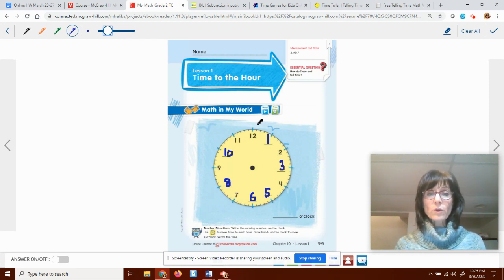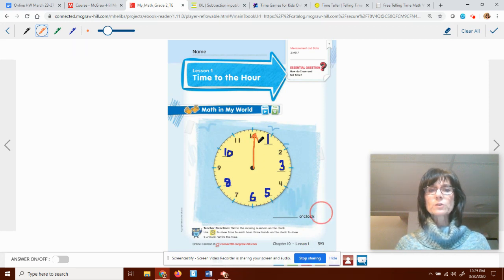And now we are going to draw hands on the clock to show 4 o'clock. I'm going to use 2 different colors. I'm going to use orange because you know how sometimes when we worked with certain number equations, I like to use 2 different colors to separate the values.